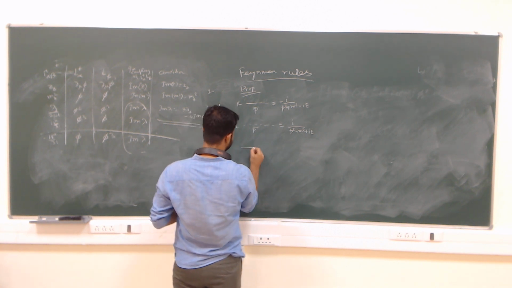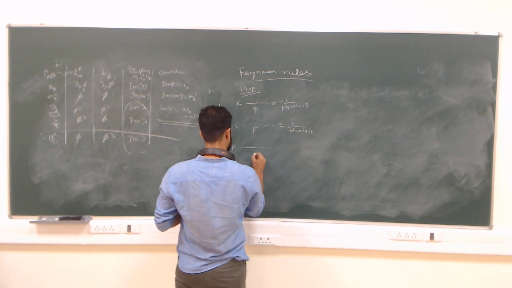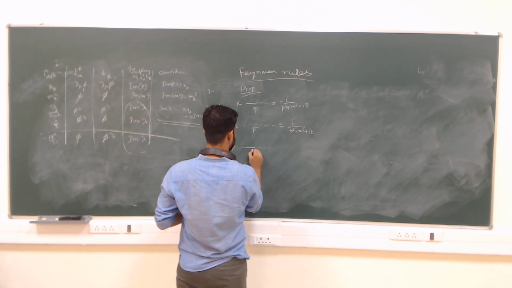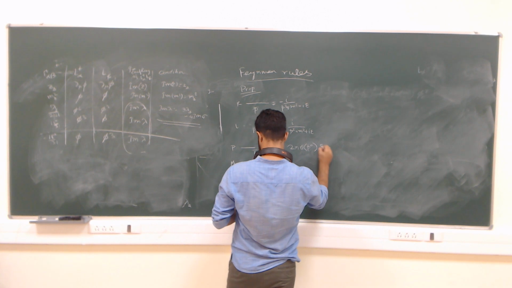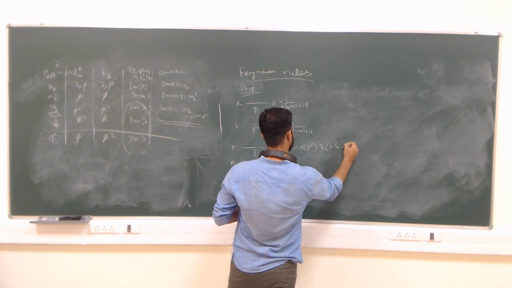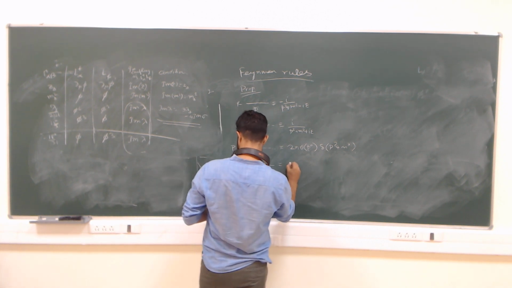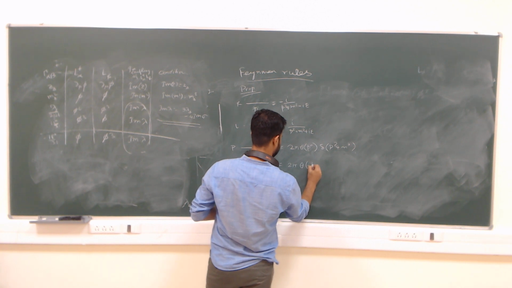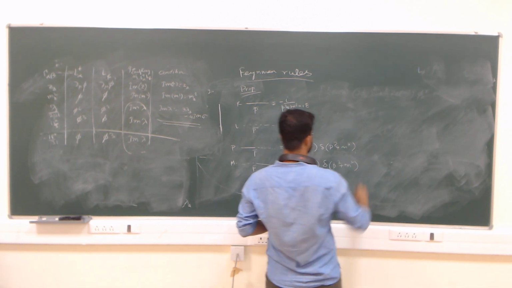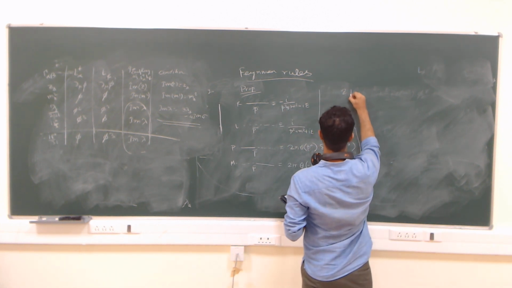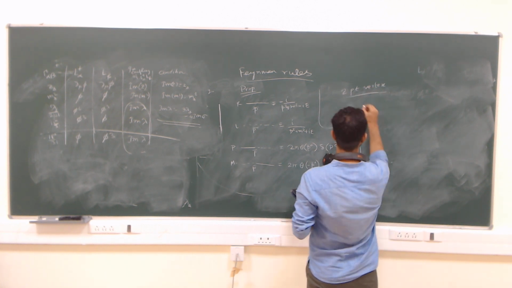For mixed propagators, which let me denote by some P and some M. Propagators with 2-point vertex, written in this form.